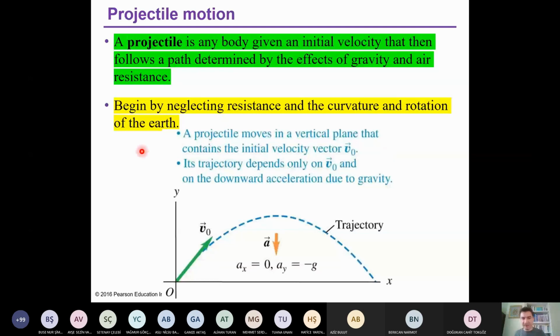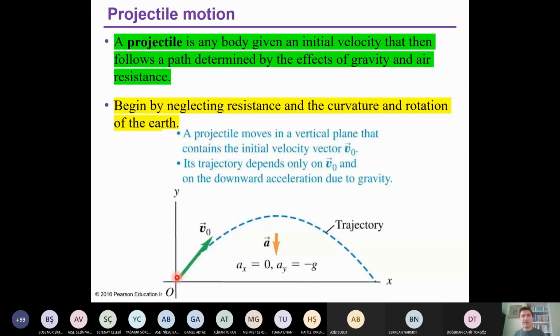Here we have the x-axis and here we have the y-axis, and this is a vertical plane. A projectile is any body given an initial velocity. Here we have v0, the initial velocity, then it follows a path determined by the effects of gravity and air resistance.